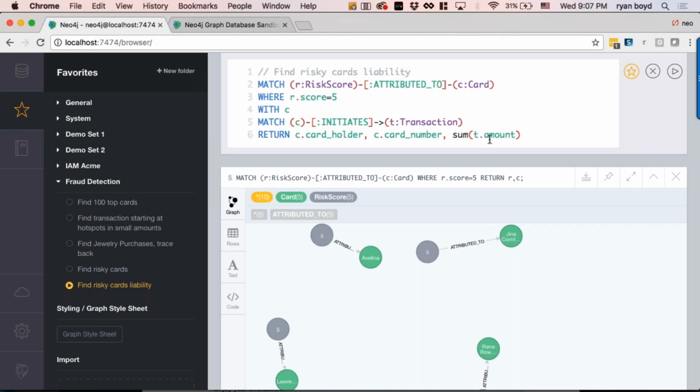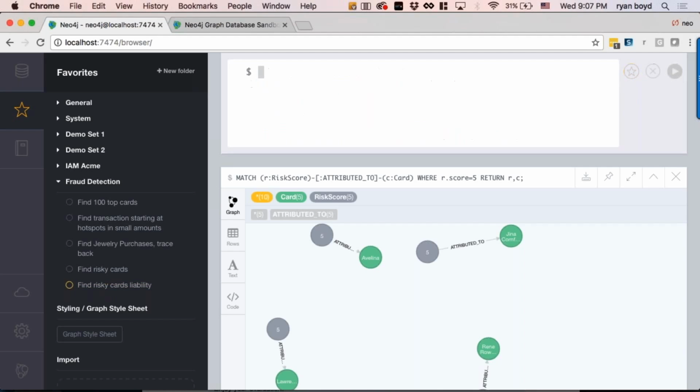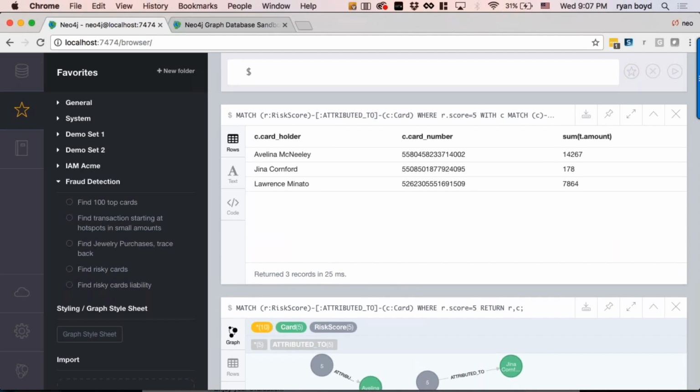Let's sum up those transactions and list them by the cardholder and card number. So we can see of the 5 risky cards, we have transactions in our database for 3 of those risky cards, and it looks like one of those cards has over $14,000 in charges. So that's potential risk for chargebacks. So we're going to want to take a look more at that account and mitigate that risk.